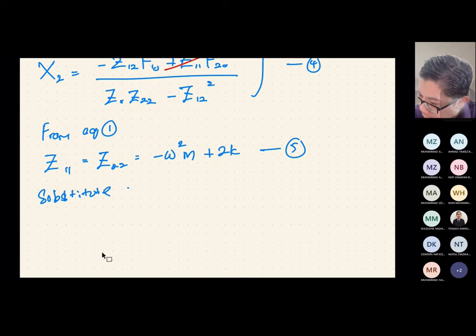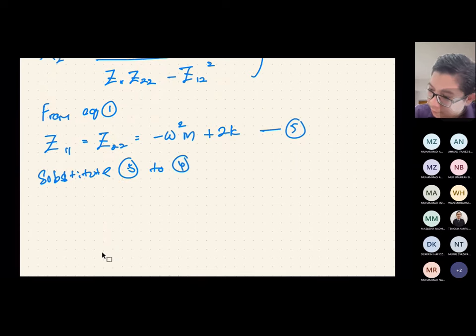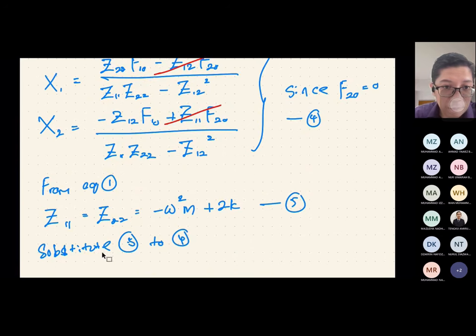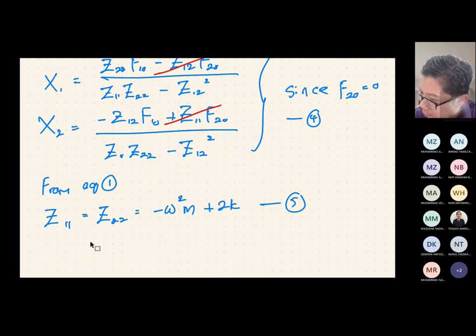Okay. Equation 4. Sorry. 5 to 4. 5 to 4. So substitute lah. So satu lagi. Equation 5. Satu lagi is the Z12.